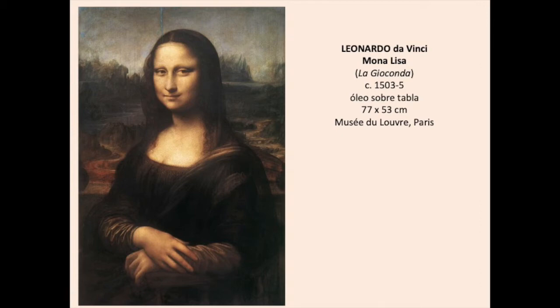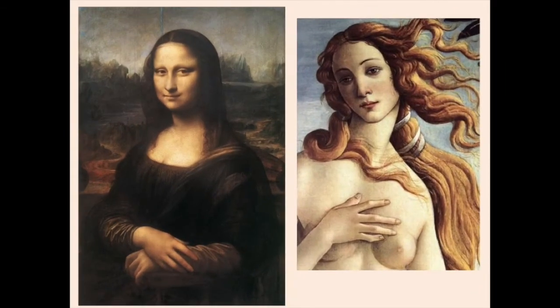But also, next, if we compare La Gioconda with, you remember, the Birth of Venus, painted by Sandro Botticelli, you see the difference between this Mona Lisa in the Cinquecento and the Venus from Botticelli in the Quattrocento.